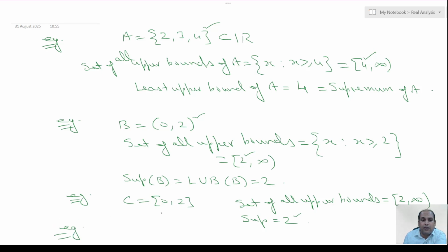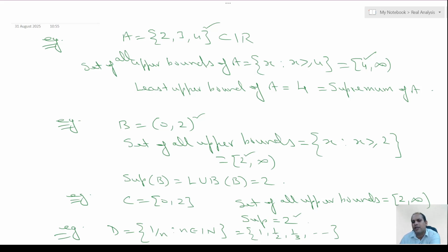I am giving these 3-4 examples to understand the theory. Similarly, one can take the set 1 by n, n belonging to N. I can write this set as 1, 1 by 2, 1 by 3 and so on. So, we can see that this set is bounded below as well as above.